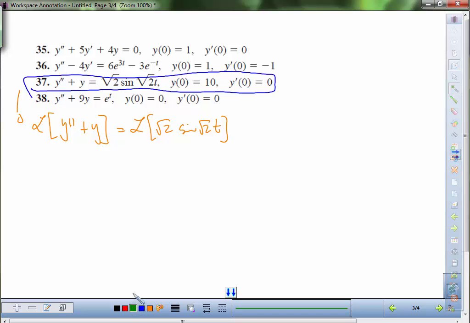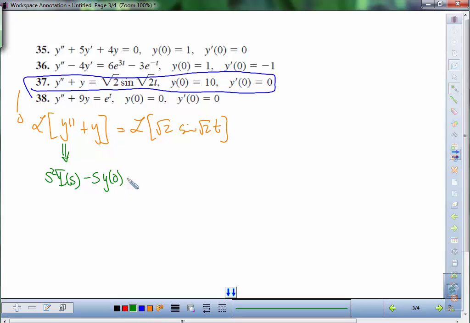So in the S world, our second derivative is going to look like, do you remember? It's like S squared, minus S times, now is this y of 0 or y prime of 0?